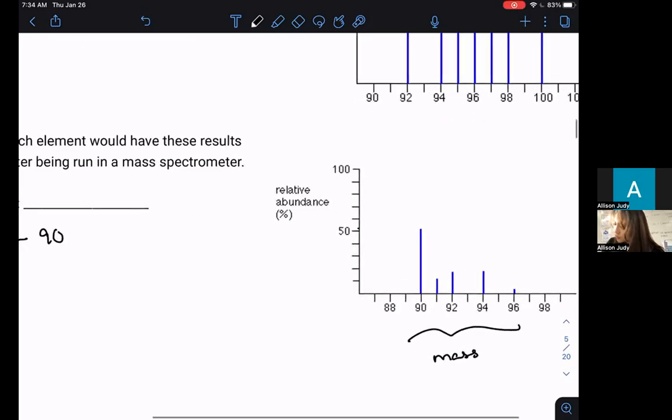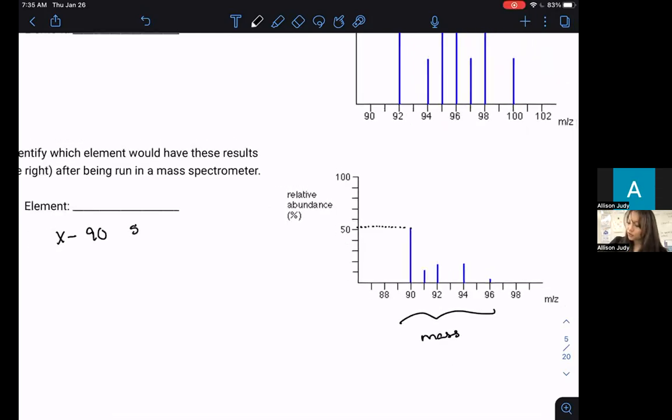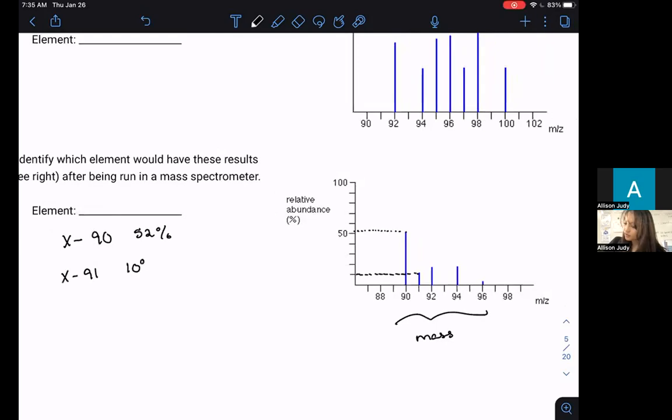50. Oh, it's about like 52% abundance, relative abundance of this isotope. And then you have a 91 isotope present in about 10%. And then you have a 92 in about 20%.